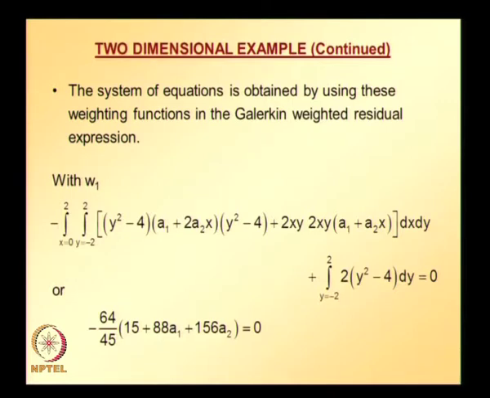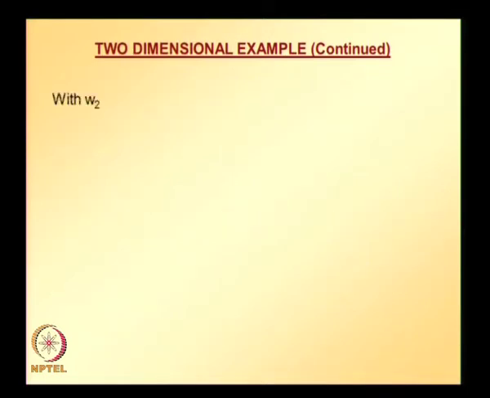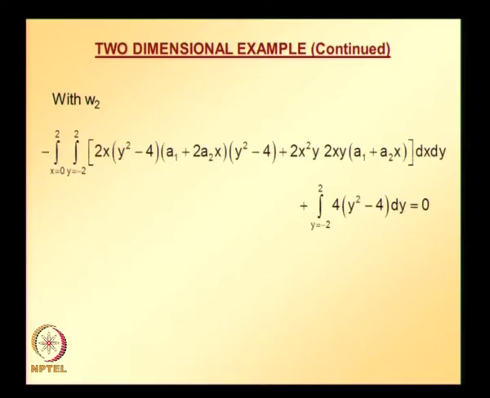Now we get another equation when you substitute the second weight function w2 in the Galerkin weighted residual expression, and we get this equation which can be simplified, and we get this equation.